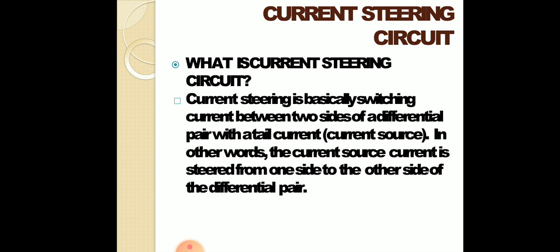Current steering circuits provide a predetermined current to one of two differential output terminals in response to complementary input signals, such as for use in a digital to analog converter.